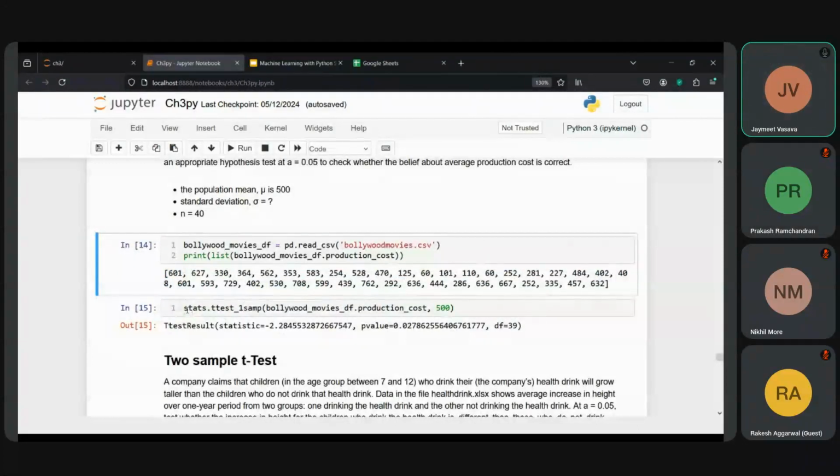And when we use the t-test model for our Bollywood movies data and 500 as the population mean, we get the t-test result of t statistic being minus 2.28 and the probability value of 0.027.